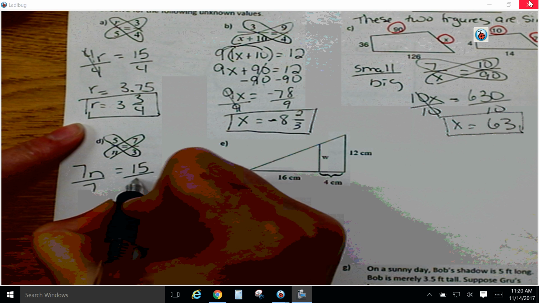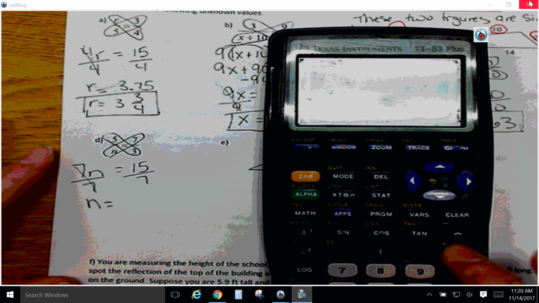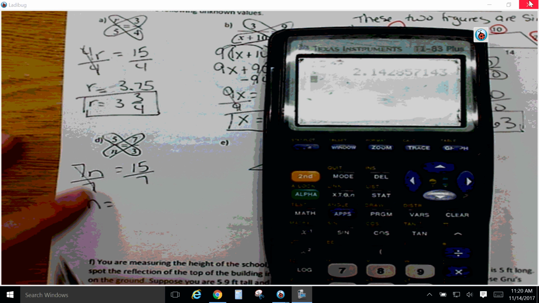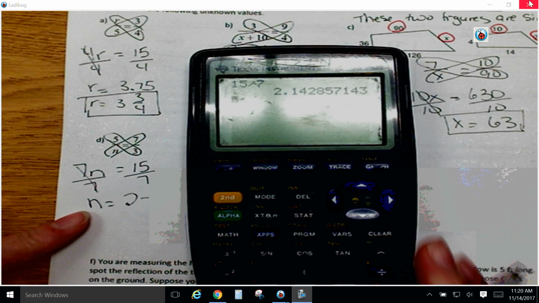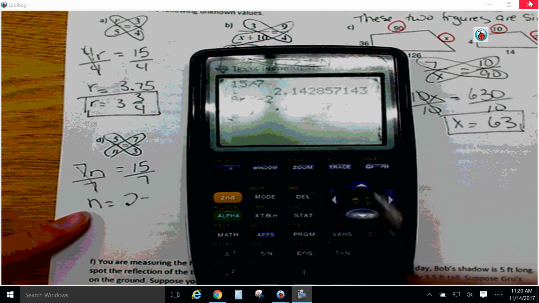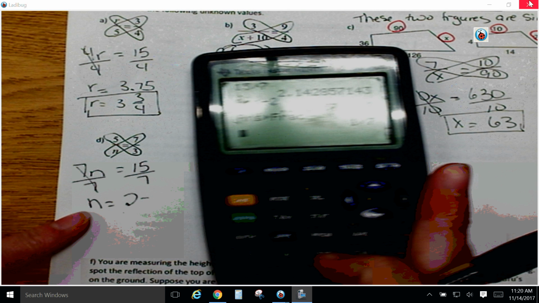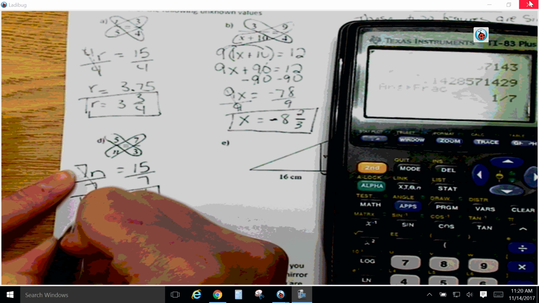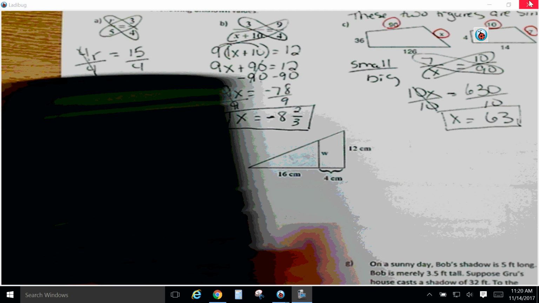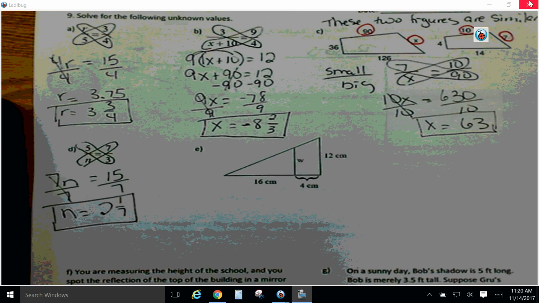Once again, this will not be a whole number, so I'll take 15 divided by 7 on my calculator, and I can see I have a whole number of 2, and then a big old long decimal, so I'm going to subtract my 2 out. Now that I just have my decimal, I'm going to hit math, enter, and I'm going to get 1/7. So the answer is 2 and 1/7.